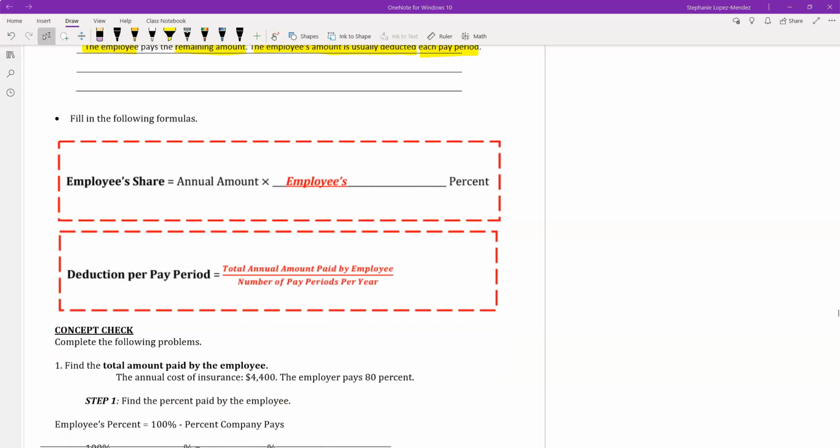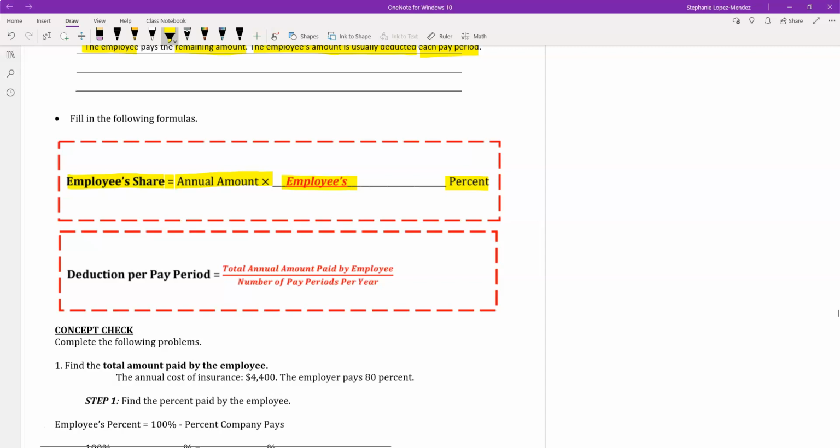The two formulas for this section are: employee's share equals the annual amount times the employee's percent. If I want to know the company's share, all I do is substitute the employee's percent with the company's percent.